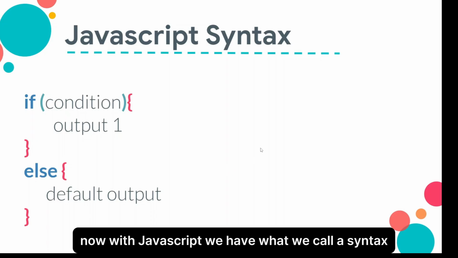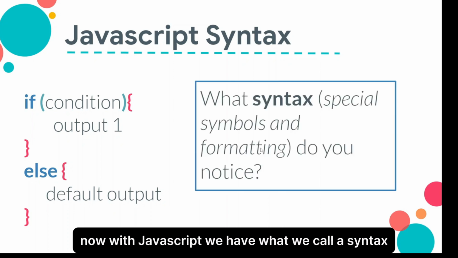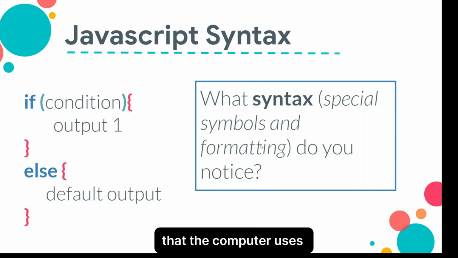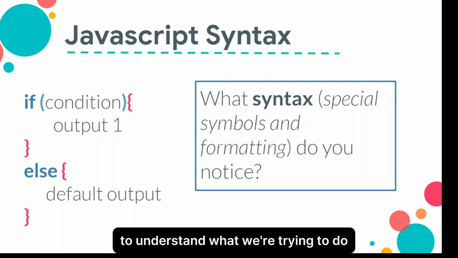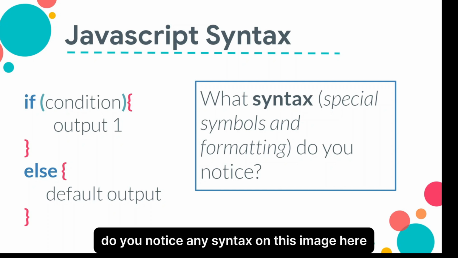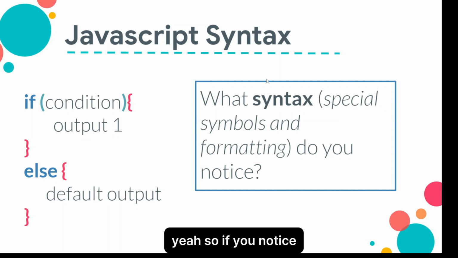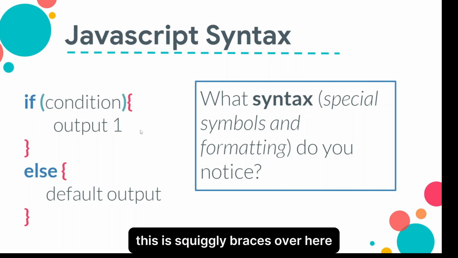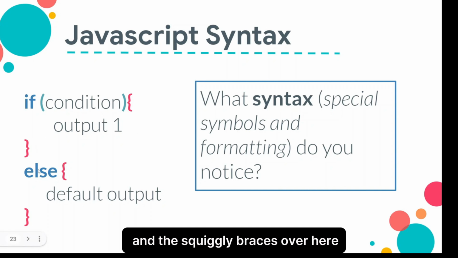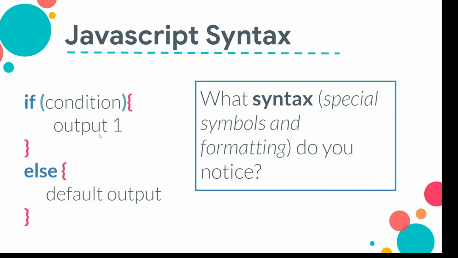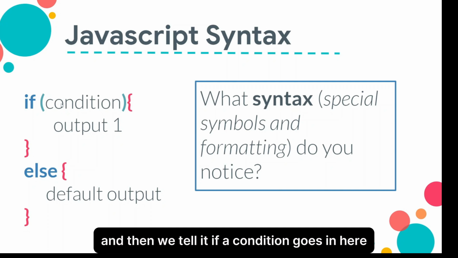Now with JavaScript, we have what we call syntax. These are special symbols and formatting that the computer uses to understand what we're trying to do. Do you notice any syntax on this image here? If you notice, there are squiggly braces over here and squiggly braces over here, and there is an if, and the condition goes in here.